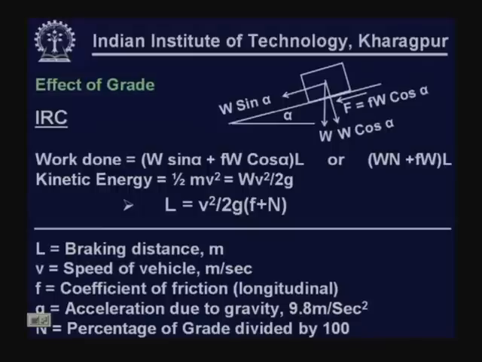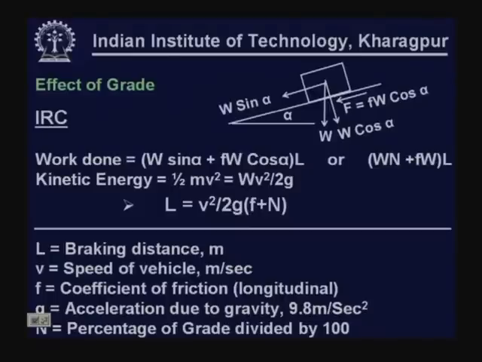So, therefore, the frictional force is coefficient of friction multiplied by the component of weight in the perpendicular direction, so force equal to coefficient of friction into weight into cos alpha. So, work done in total is W sin alpha plus this frictional force, which is f capital W, weight of vehicle, cos alpha, multiplied by the length.